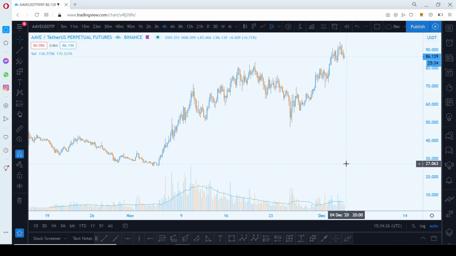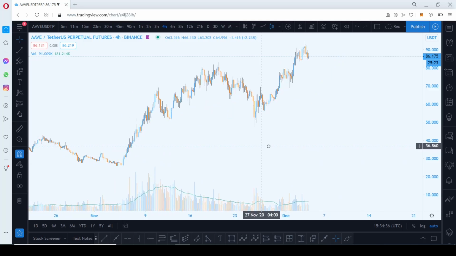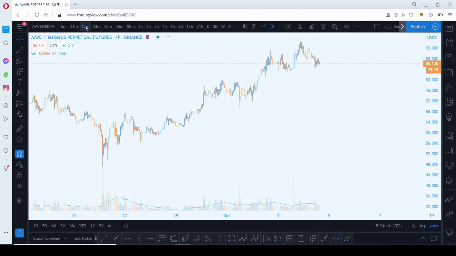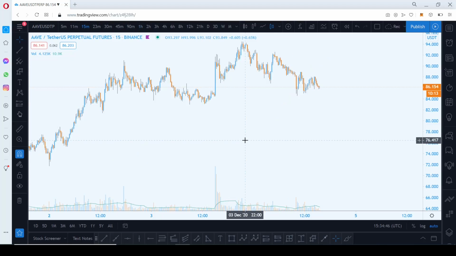Of course, you can trade against the trend, but you don't have to have high hopes when trading against the trend. So you can either find your entry zone and exit zones on the 4-hour, and then you go down to the 1 hour or the 15 minutes to perfect the entry.